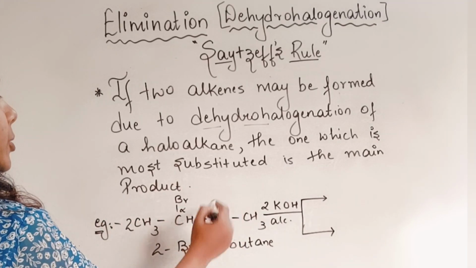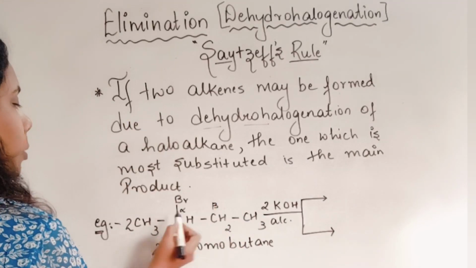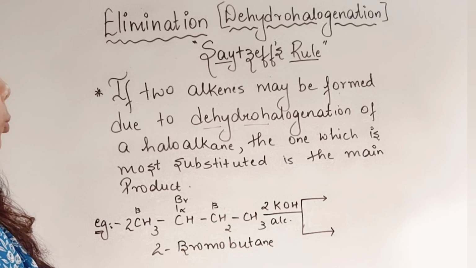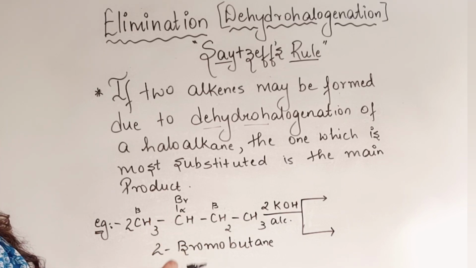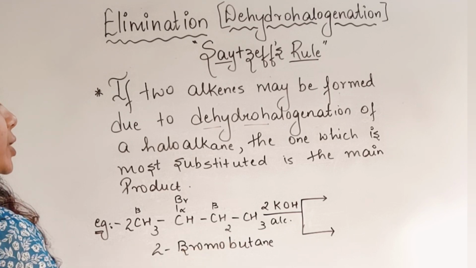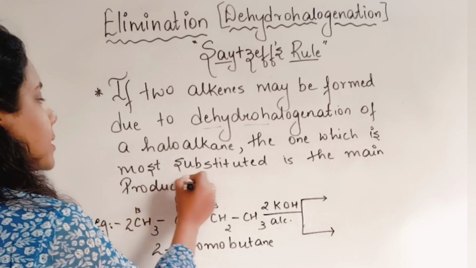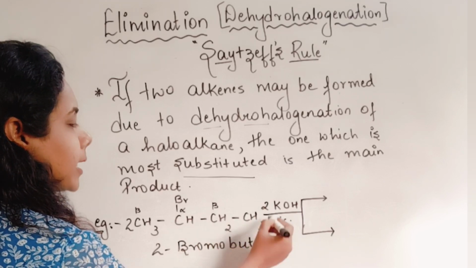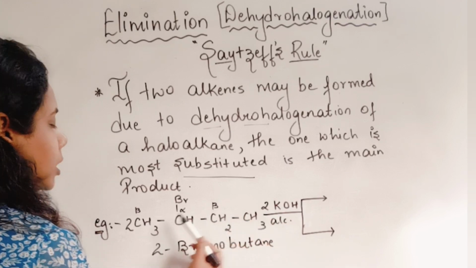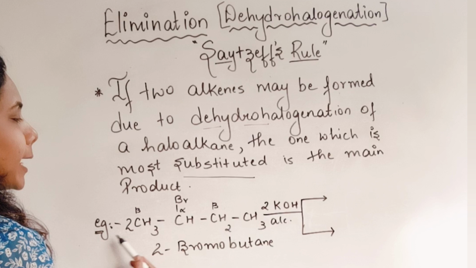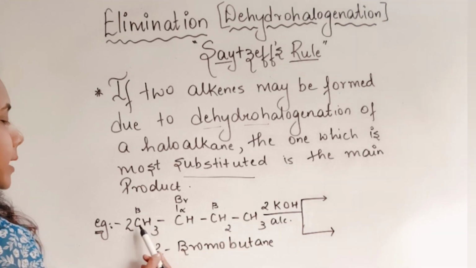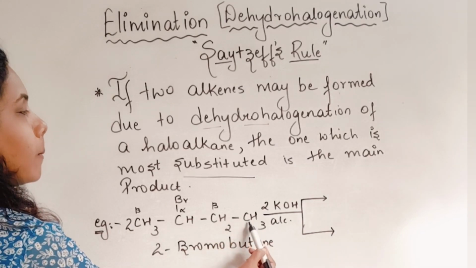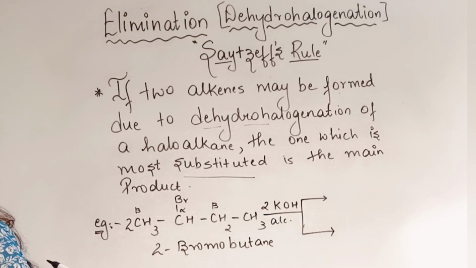So in this structure, we have two beta carbons, one on the right side and the other on the left-hand side. According to this rule, the alkene which is most preferred is the one having more alkyl groups, more substituents. This carbon has one methyl group attached to it. On the left-hand side, there is no such alkyl group. So this one is more alkylated, this one is less alkylated. In other words, this carbon is more substituted and this is less substituted.